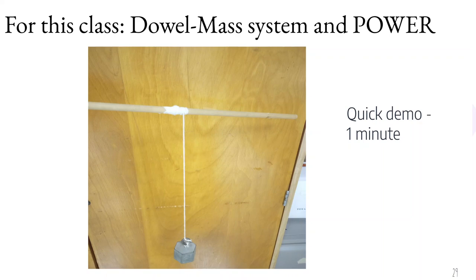We're going to roll that dowel up until we pull the mass exactly 1 meter. And so we can calculate the amount of work we're doing because work is force times distance. Also, we can time ourselves and we can figure out exactly how much power is required to pull that mass up. In class, we'll have a quick demo of this.